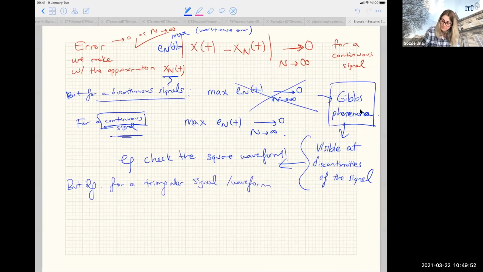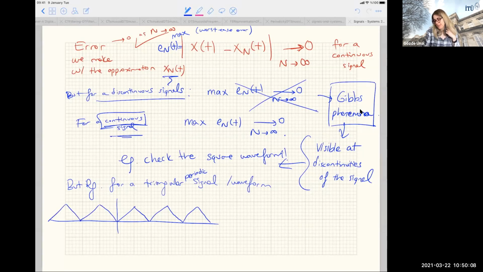For instance, if I had this signal, periodic, triangular periodic, always we should say this. If I had the same thing, but in this way, guys, this is a triangular signal. At least it's continuous, right? It may not be differentiable, but it's continuous.